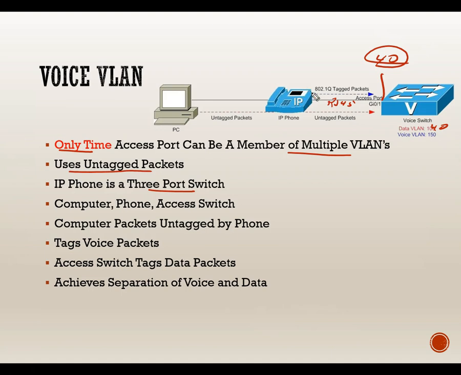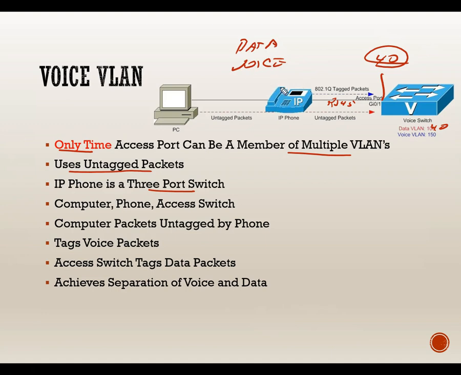The phone tags the voice packets with a VLAN 150 tag. Goes into the switch. The switch then doesn't bother them because we have created a voice VLAN, a special VLAN. And this is the one case where an access port can be a member of 2 VLANs, the data VLAN and the voice VLAN.